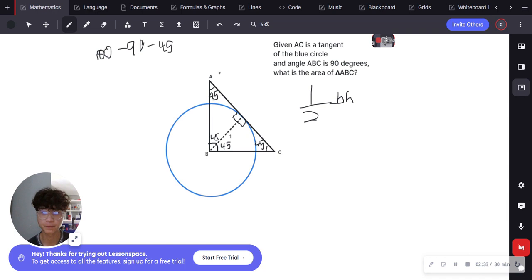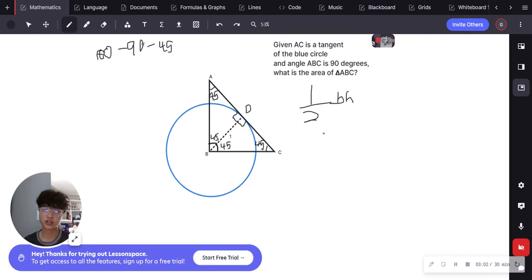So we need to find, let's just name this point D, the length of AD and the length of DC. If we find AD or if we find DC, we already know the length of the other one. So I'm just going to calculate length AD.